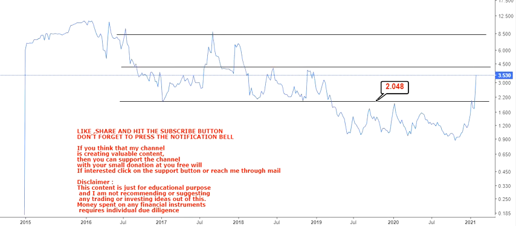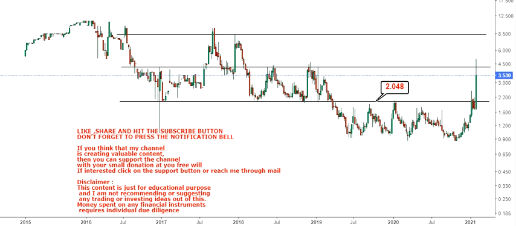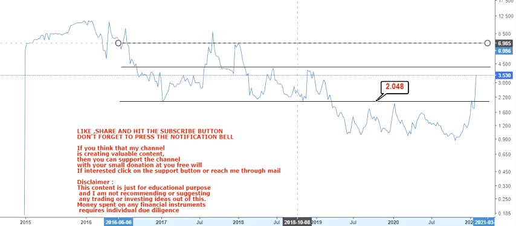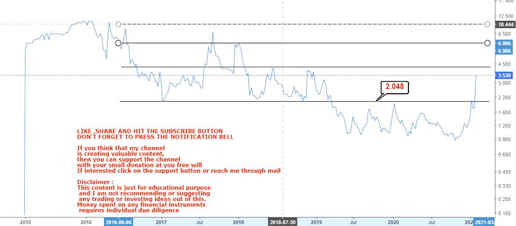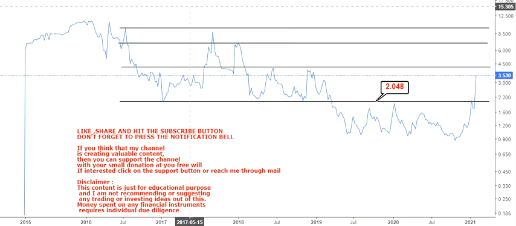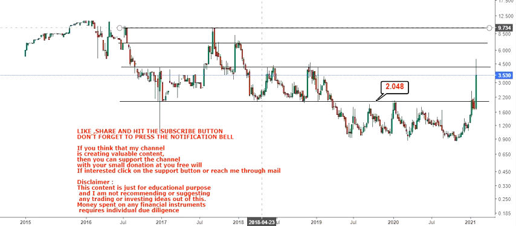And rather than this, there are 3 levels actually. So these are the 3 levels which you need to look at. So the first will be $4.2, which is your immediate target, and the stock has already tested it and fallen down.